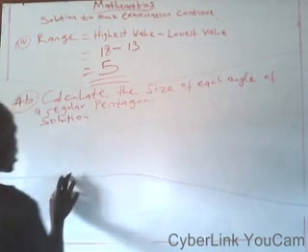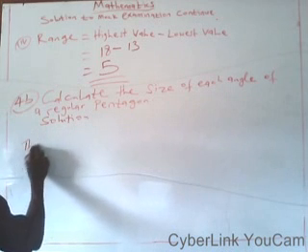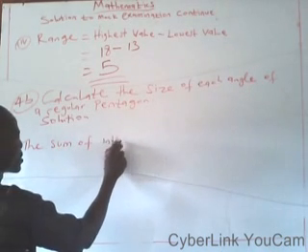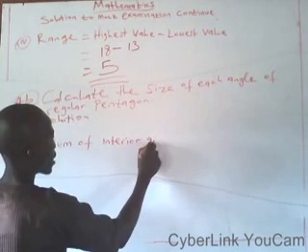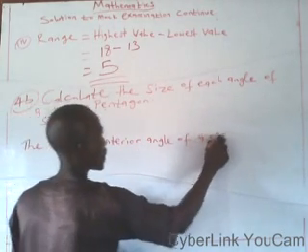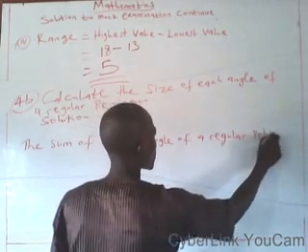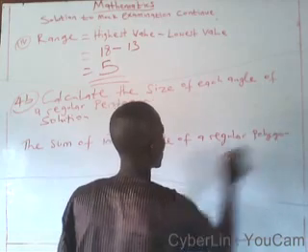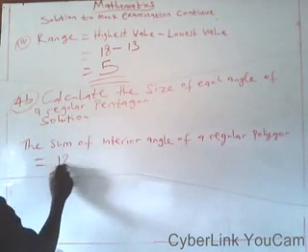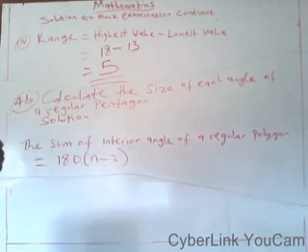the sum of interior angles of a regular polygon is equal to 180 into bracket n minus 2.